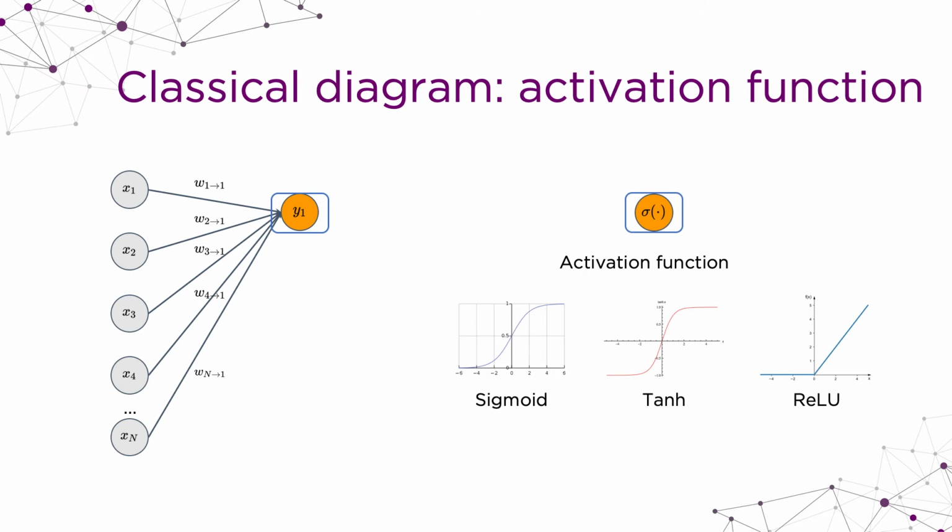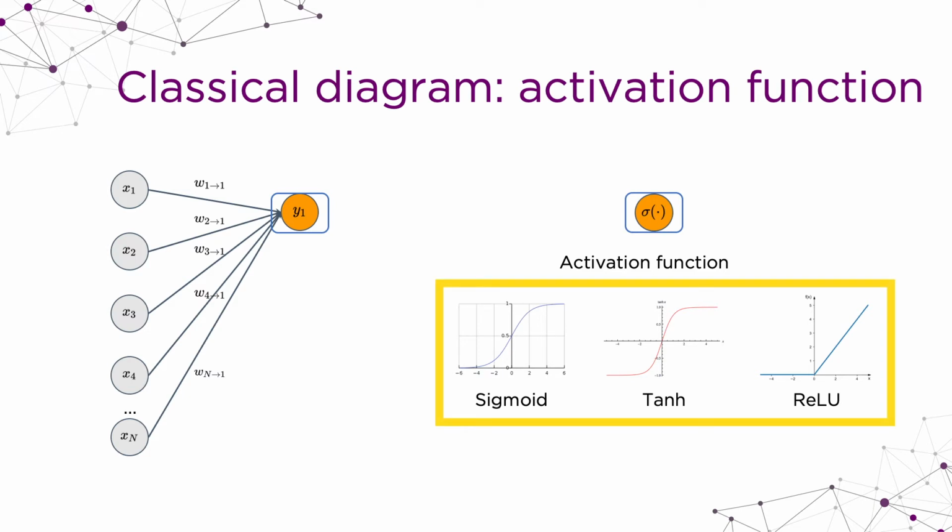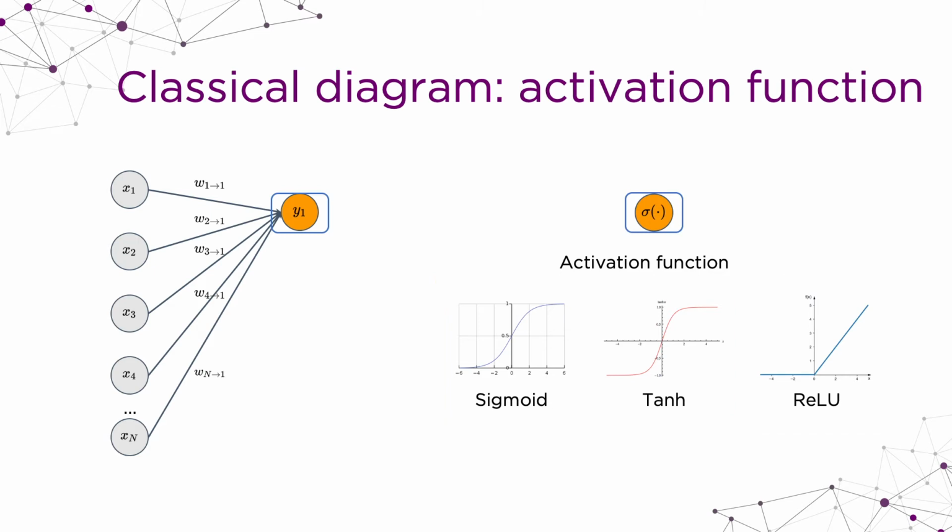After that, I still need one operation called the activation function. The activation function can be a sigmoid, a tanh, or a rectified linear. The first two have been used by the community for years. This one is more recent, from 2010, and it works better than the other two on many data sets. We'll see a little bit why: it's because these two are harder to train.